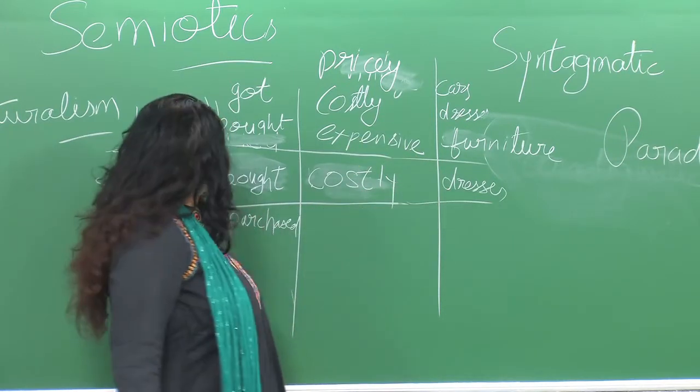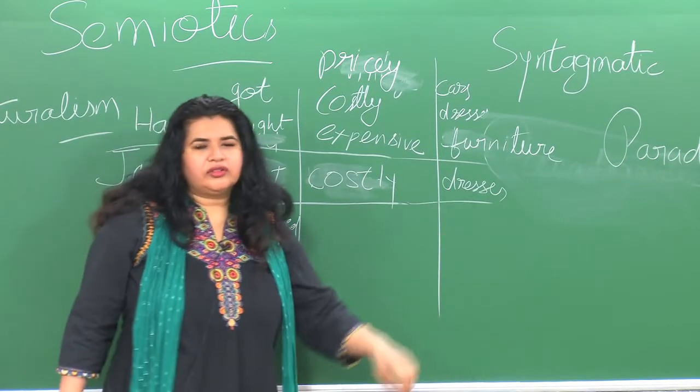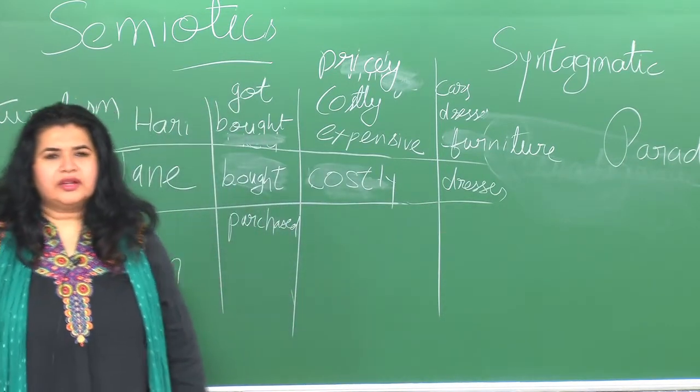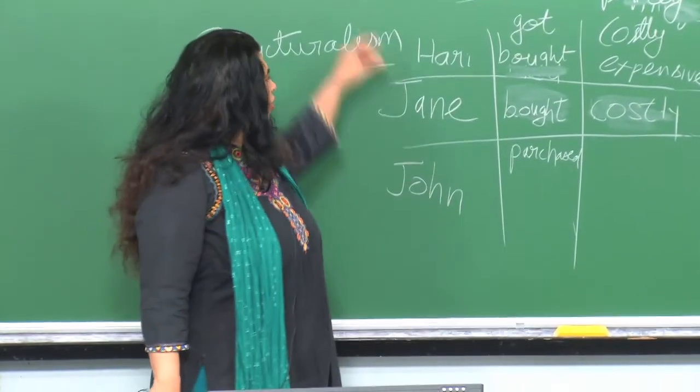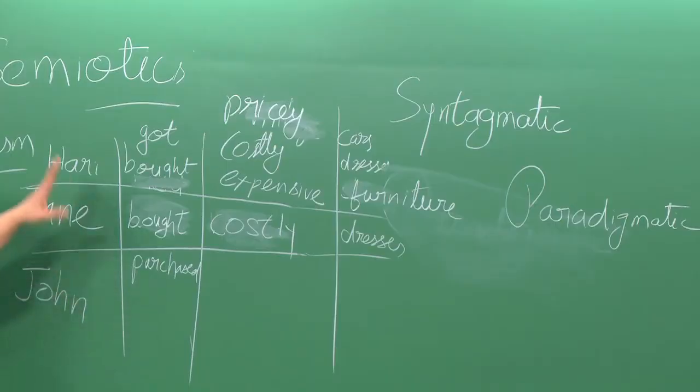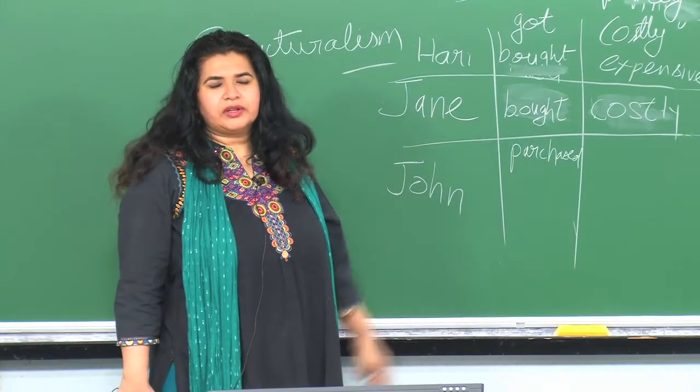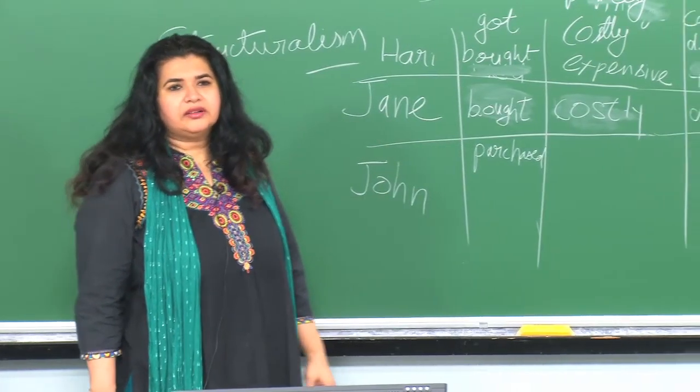So, you get the meaning. So, here horizontally you have the syntagmatic relationship, and all these words from these vertical paradigmatic table structures can be used here and it will still make sense.